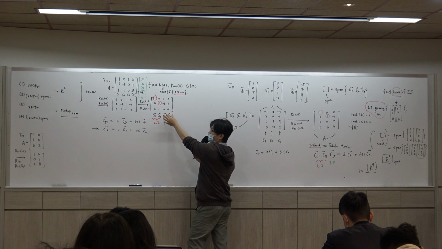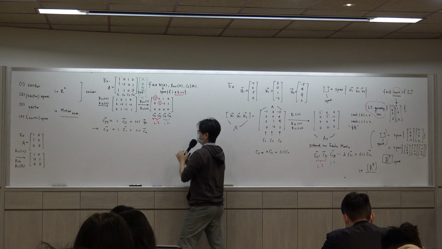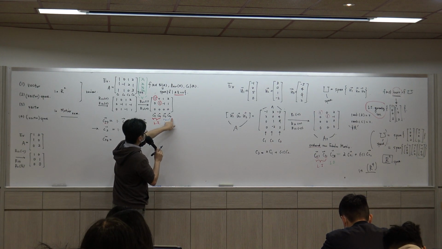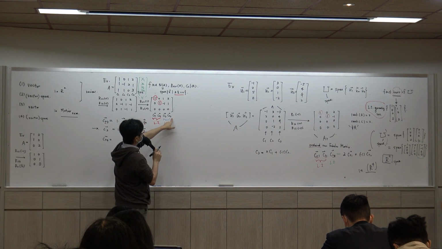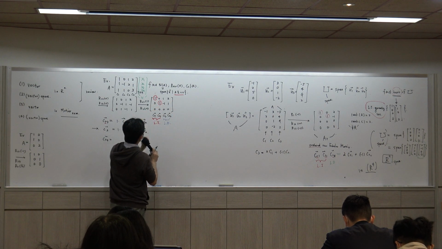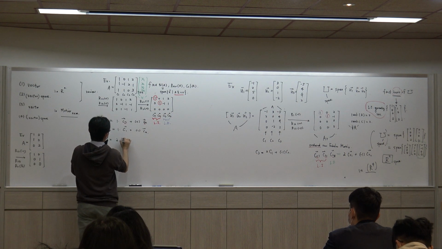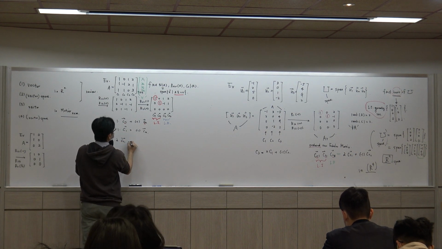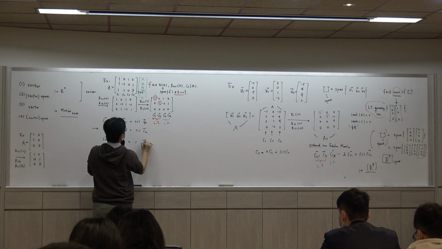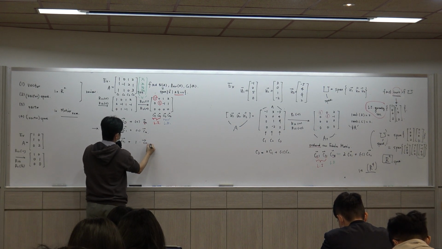And the other vectors are linearly dependent. So CR4 we can clearly identify equals 2 CR1 plus 1 CR2, right?